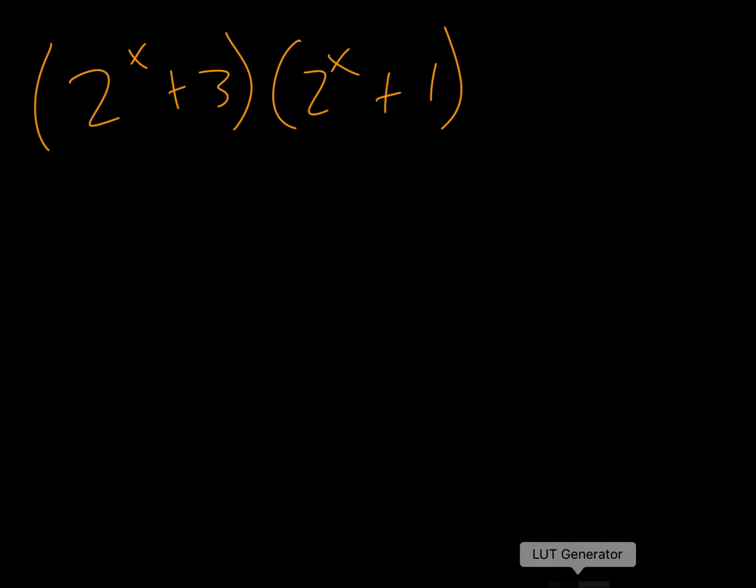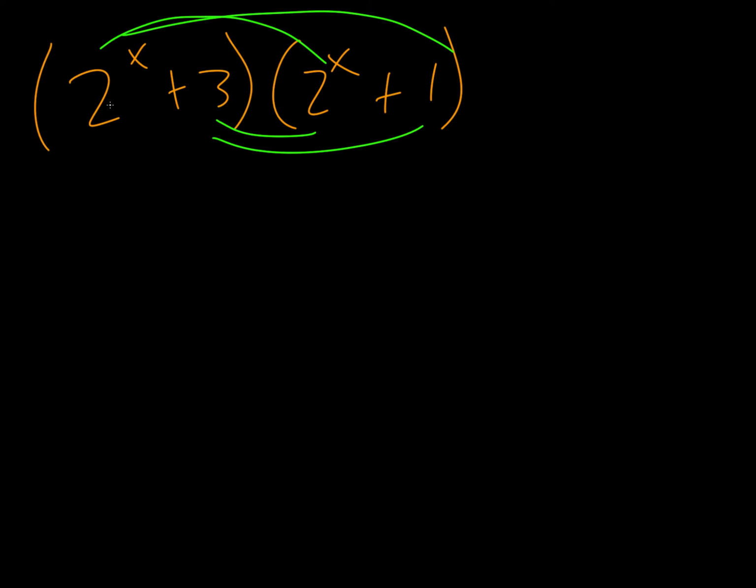All right, now we have 2 to the x times 2 to the x plus 3 and 2 to the x plus 1. Same directions, expand and simplify. So that just means distribute like this. 2 to the x times 2 to the x is 2 to the 2x. And then 2 to the x times 1 is just 2 to the x. 3 times 2 to the x is 3 times 2 to the x.